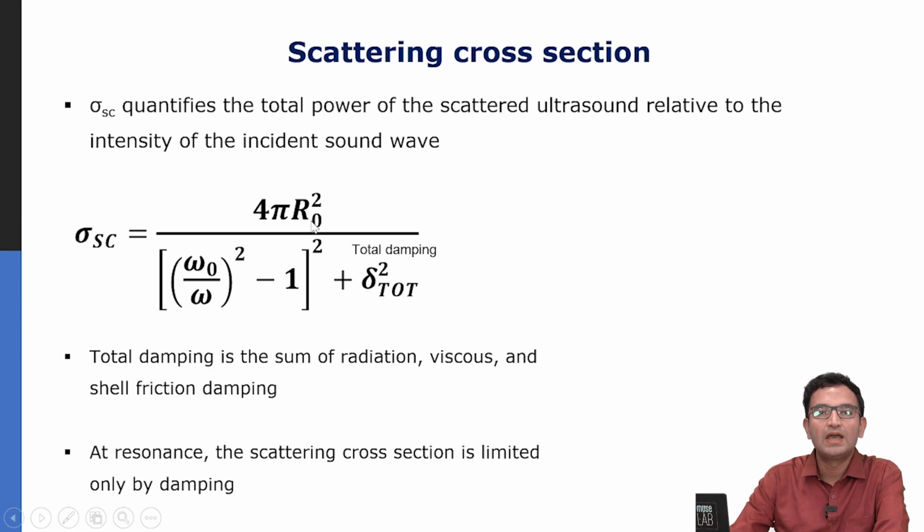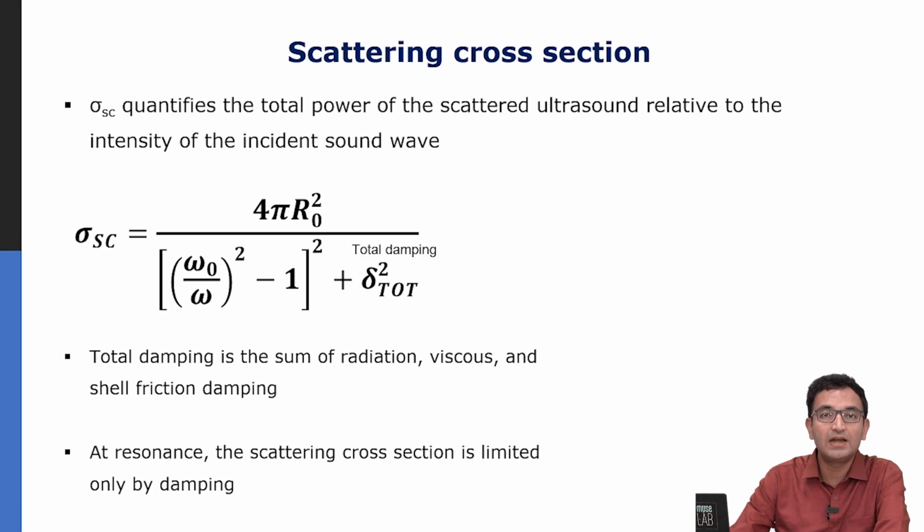So R naught is the equilibrium or the initial radius of the microbubble, and omega naught is the resonant frequency, and omega is the frequency, and delta is the damping, and delta total stands for the total damping. So let me explain here. What is this damping? When the bubble oscillates, damping refers to the loss of energy in the bubble, and this can happen because of radiation from the bubble, radiation of sound.